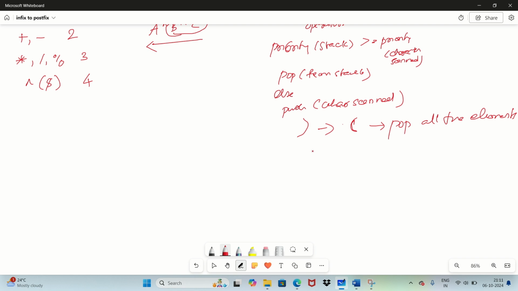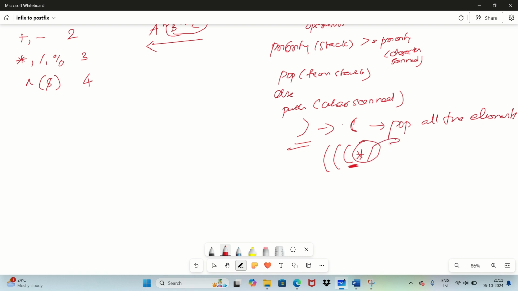Suppose your stack looks like this now. Imagine the stack like this. First you get your first opening brace, which is the first one occurring in the stack. So you pop all these elements.